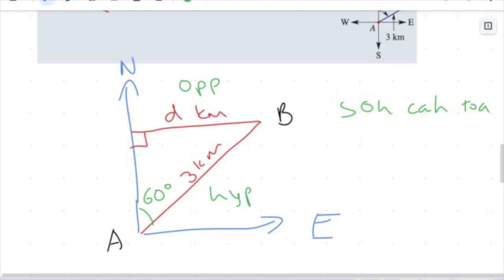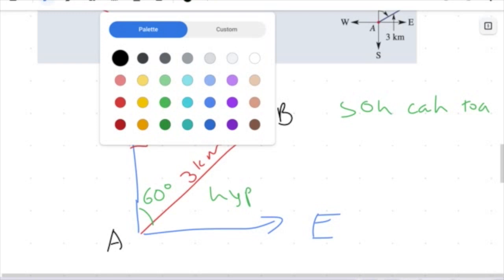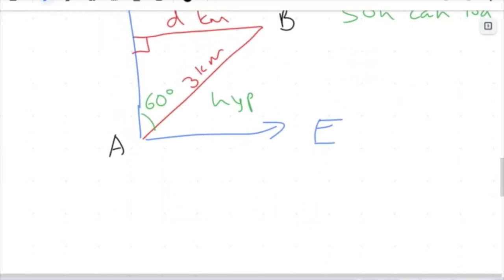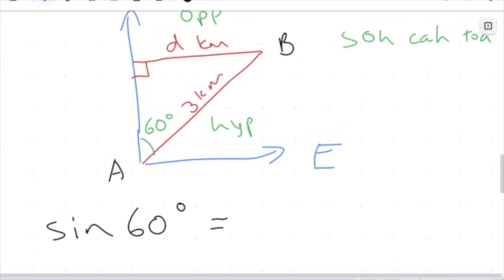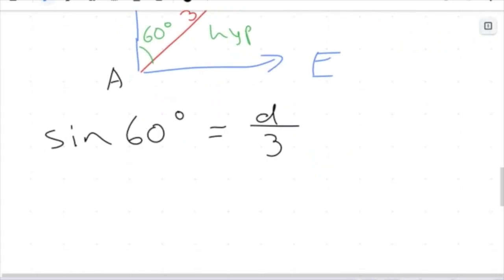So that means that, to show my working out, I'm saying that sine of this angle of 60 degrees equals my opposite over my hypotenuse. Well, my opposite's going to be D, my hypotenuse is going to be 3. And now it's a matter of solving the equation.